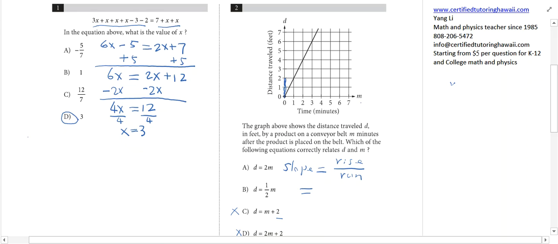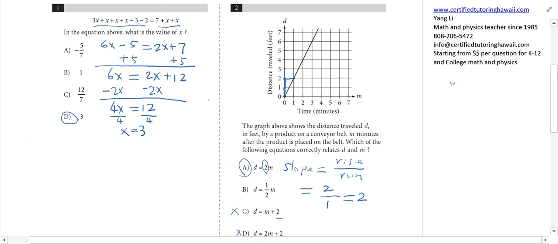The rise is 2 units, so I put 2 here, over the run. The run is the horizontal motion, which goes to here, which is 1. So I put 1 there. So the slope is 2. That matches A, so A is the answer.